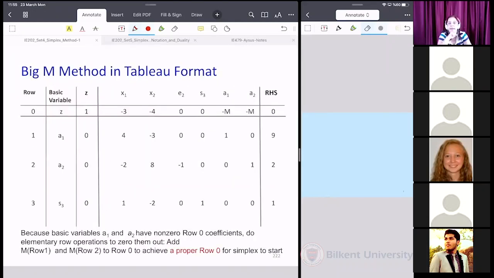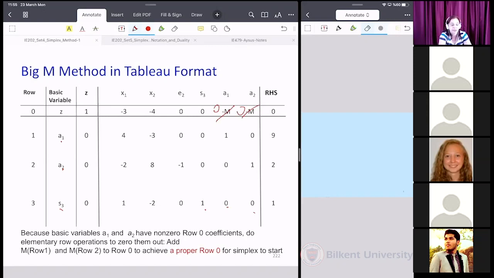Next step is my table, right? So I have my identity columns, as you see in these 3, corresponding to my basic variables in the correct order. Now I have to get rid of this. This needs to be a 0, and this needs to be a 0, right? How do I do that?